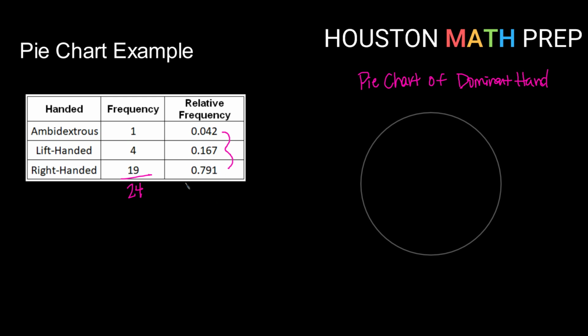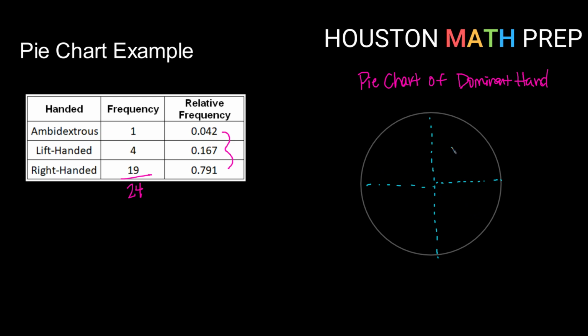So I can see that my right-handed dominant relative frequency is 0.791, or about 80%. So what I want to do is create a wedge of my circle that takes up about 80% of the data, or the space, sorry. If I think about it, half of a circle would be 50%. And then if I cut it into fourths, that would be 75%.